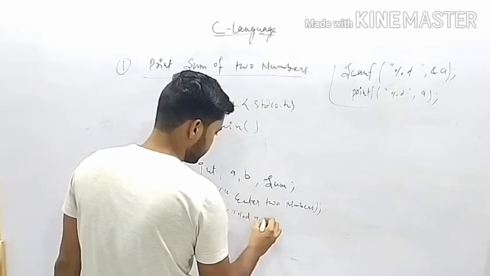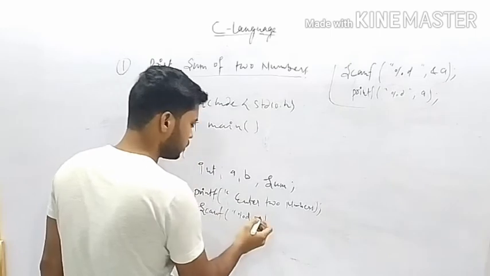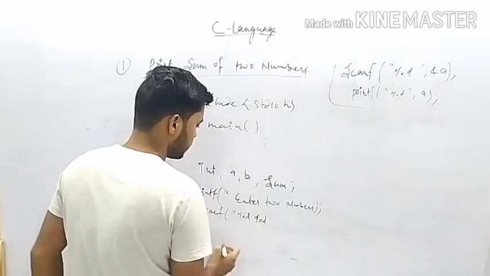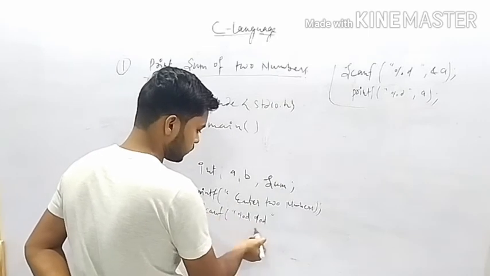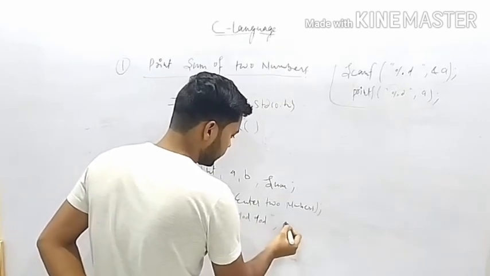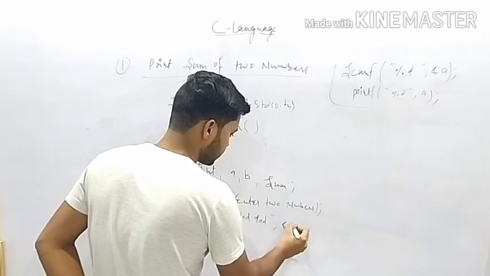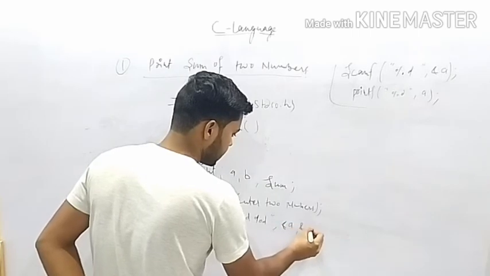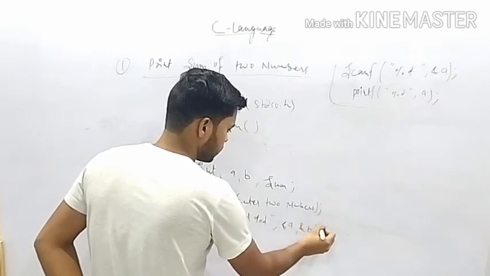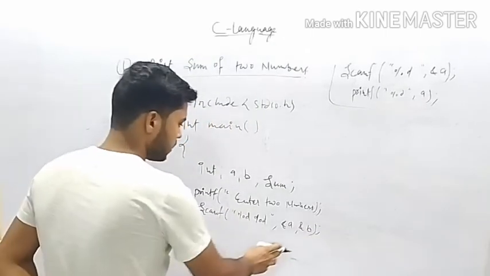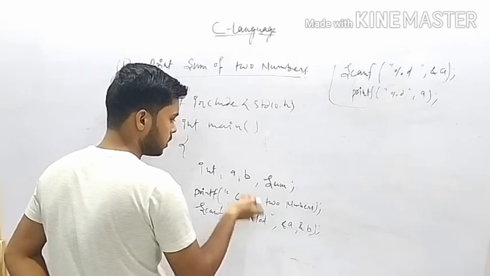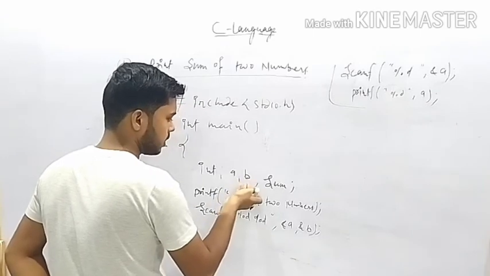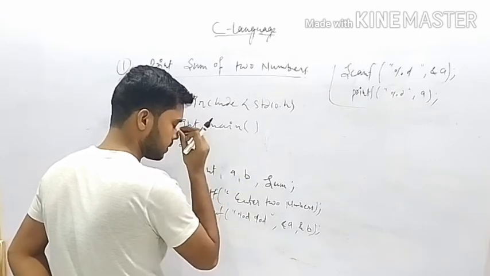Both are integers, so we use two %d, and then we will give the addresses of the variables, first a and second b. This function will store values from the user in a and b.